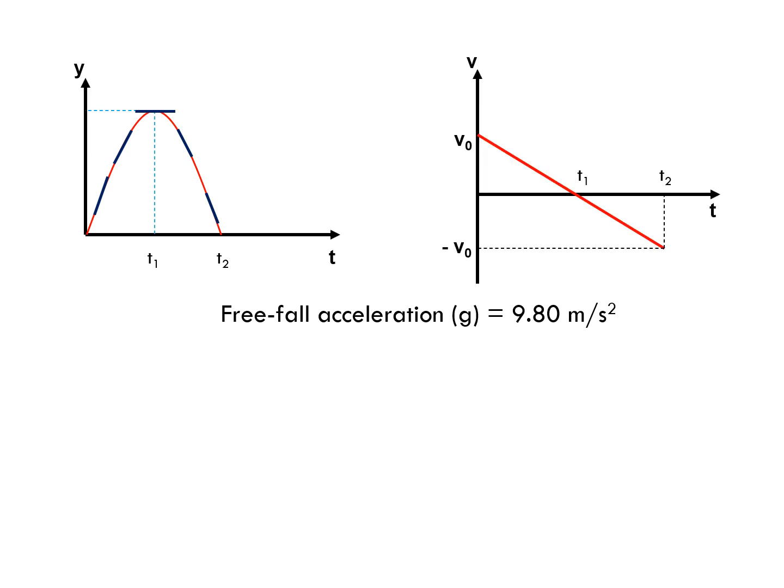This means velocity is positive and decreasing until t1, negative and decreasing all the way to t2. I want you to take a moment here, think and reflect on the meaning of negative velocity and what is happening to speed and displacement.